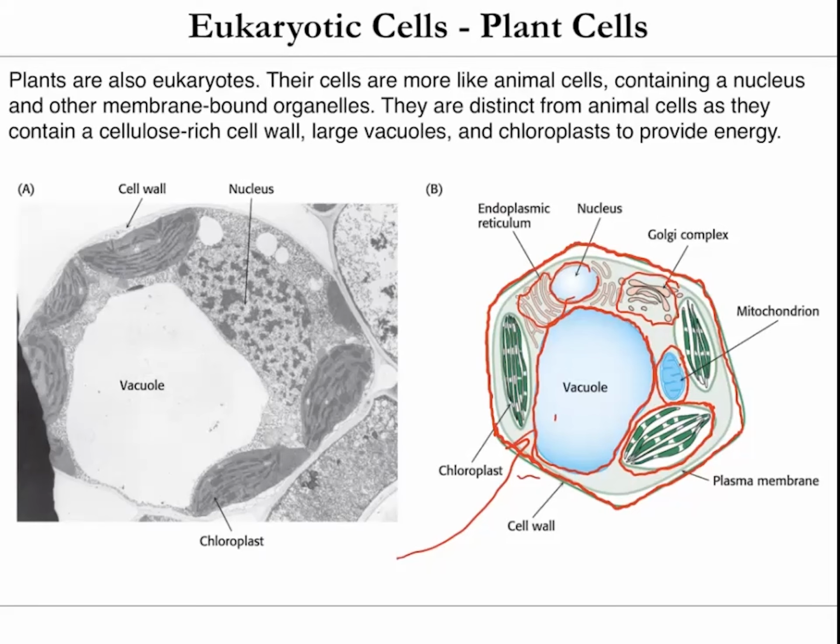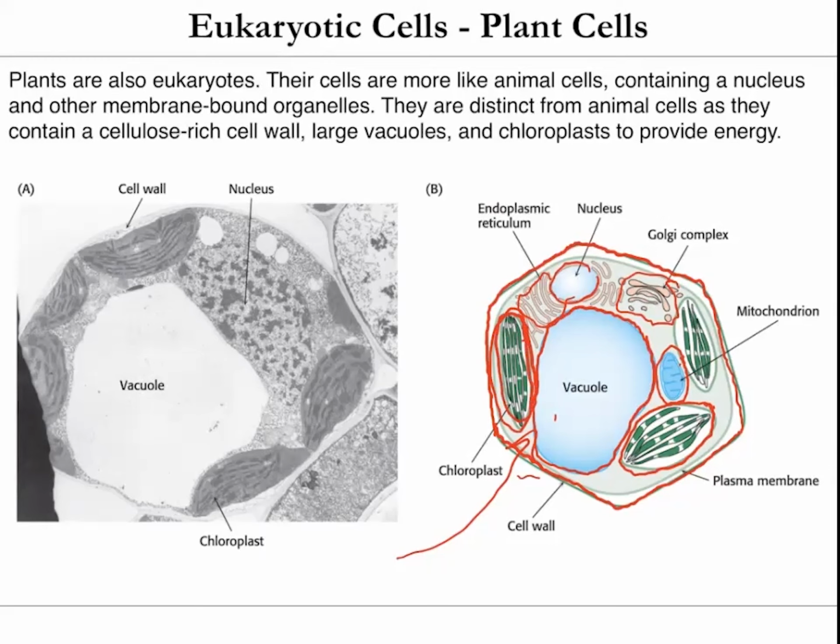Photosynthesis, the conversion of sunlight into energy that is then used to build carbohydrates in plants, takes place in the chloroplast. So it's the most important powerhouse of the plant cell, whereas the mitochondrion is the most important powerhouse of animal cells.